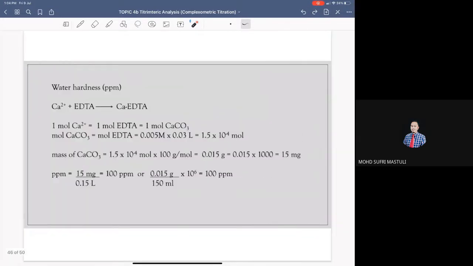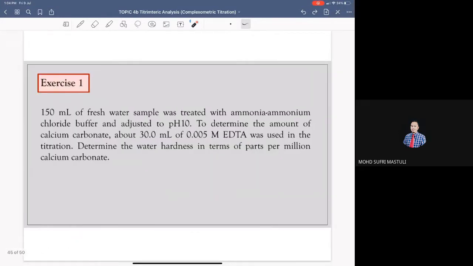It's quite similar to the previous question. It's very straightforward. So what do we know? The titrant is EDTA. It requires about 30 ml of 0.005 molar used during the titration.